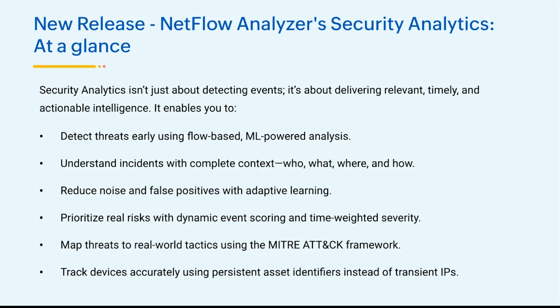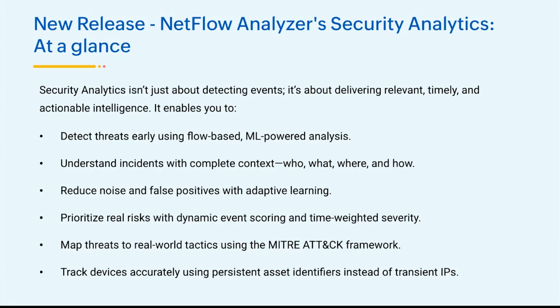Then we have context and prioritization. It assigns a dynamic event score to each anomaly based on factors like severity, deviation from the baseline, and how recent the event is. This helps you reduce false positives and focus on the real threats that need your immediate attention. Then you have the MITRE ATT&CK mapping. This is a powerful feature that maps detected anomalies to known attack techniques, which helps you understand not just what happened but also why it matters in the context of a real-world attack.